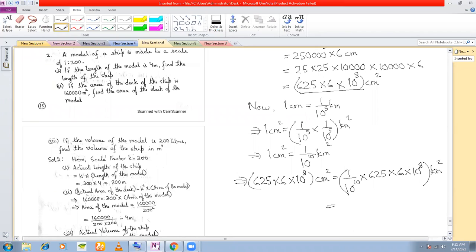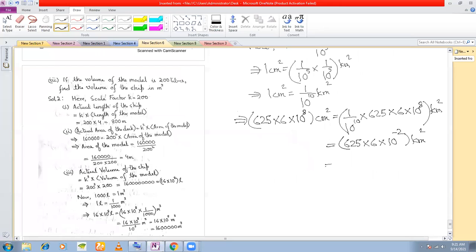Now you can simplify this. You will get 625 into 6 into 10 to the power of 8 minus 10, which is minus 2, kilometer square, which is 625 into 6 divided by 10 square, which is 100, kilometer square. It is better to keep 100 in the denominator.